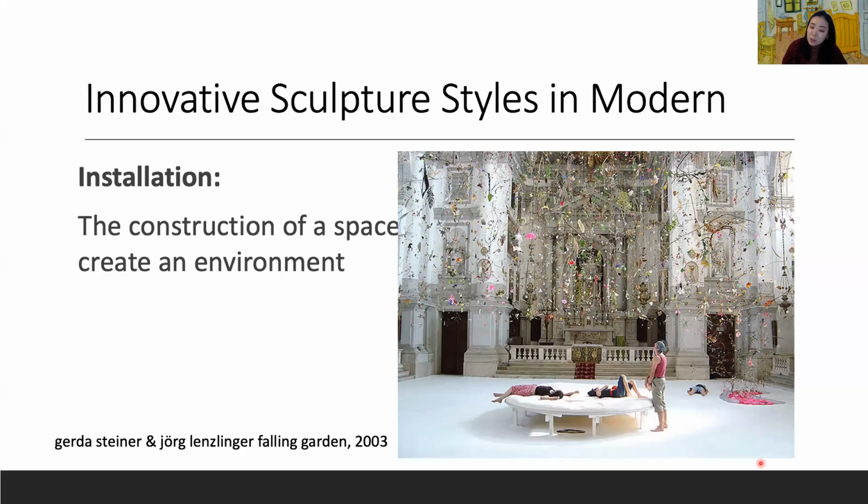Installation sculpture involves the construction of a space or the assembly of objects to create an environment. And we are encouraged to experience the work physically using all our senses, perhaps entering the work itself. So this is called installation.